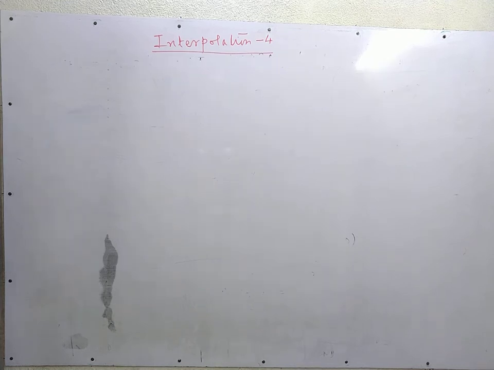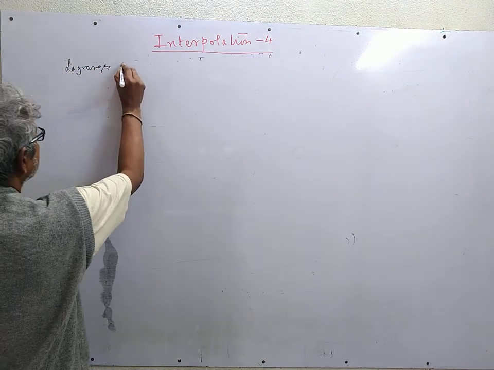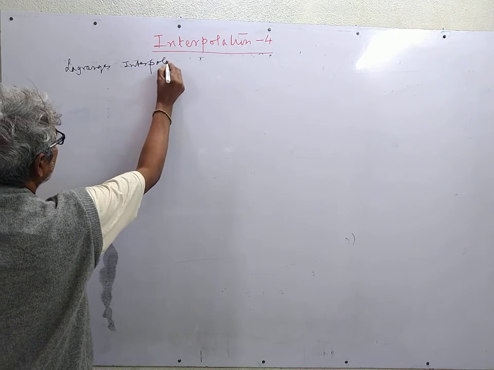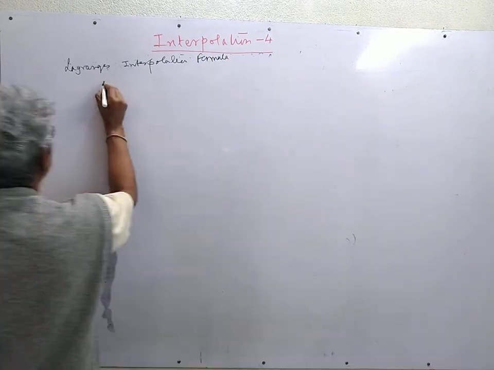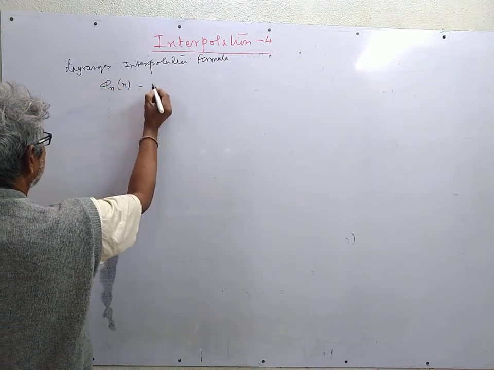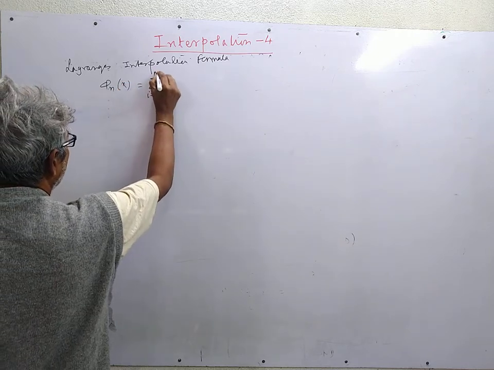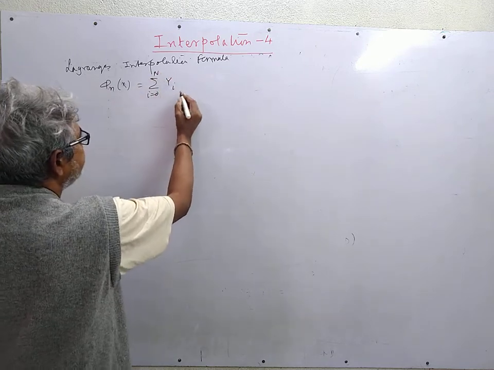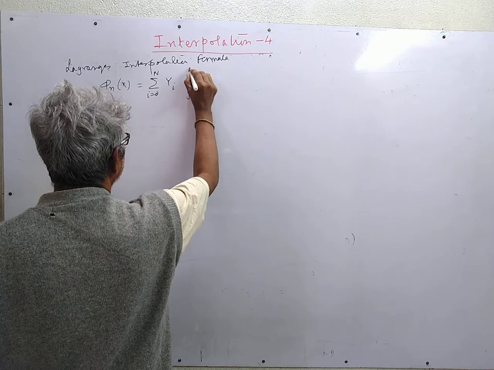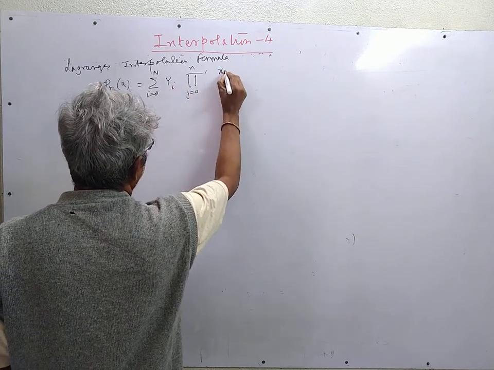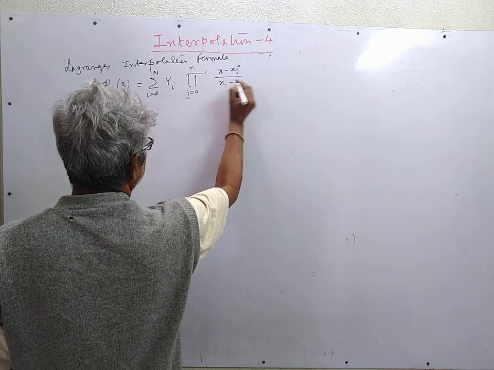Now we come to Lagrange's interpolation formula. Recall that in this case phi n of x is equal to the summation over I equal to 0 to n of yi, times the product over j equal to 0 to n excluding I, of x minus xj by xi minus xj.